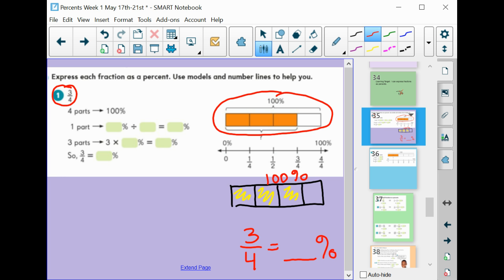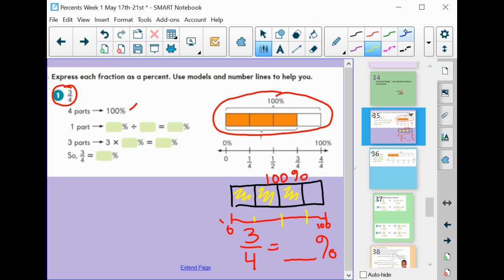And we are trying to figure out what 3/4 or 3 1/4 pieces is equal to. Okay? We know that 4 parts of this equal 100%. That's right here. So we go from 0 to 100. And again, we are just looking at 3 pieces.